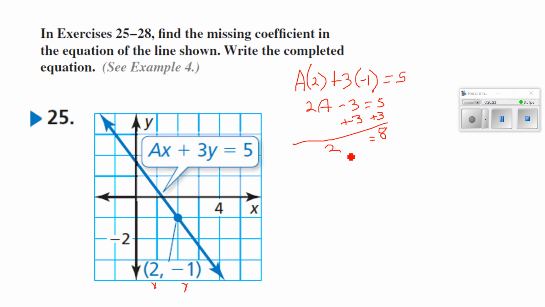That means 2a is going to equal 8. Then we'll have to divide 2 away from a to isolate the variable. And a is going to equal 8 divided by 2, which is 4. So now, since we know a is 4, we can write the completed equation: 4x plus 3y equals 5. All right, let's go to the next one.